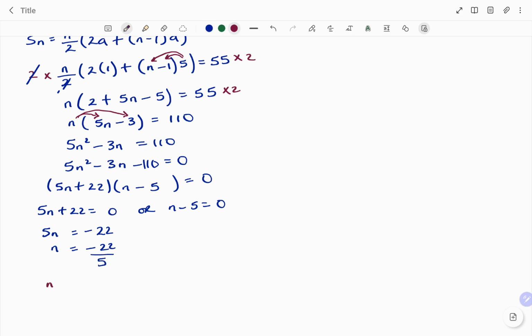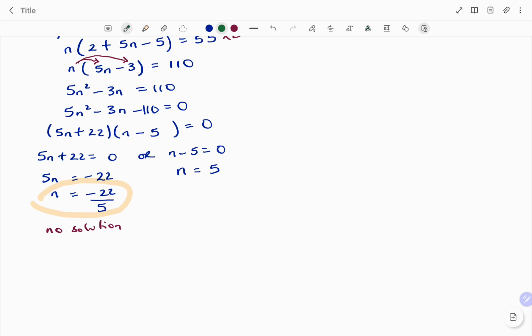However, this is no solution because the term cannot have a negative value. So we're going to ignore n equals negative 22 over 5. If we go to the other side, we have n minus 5 equals 0. Therefore, n equals, moving my 5 to the right hand side, positive 5.